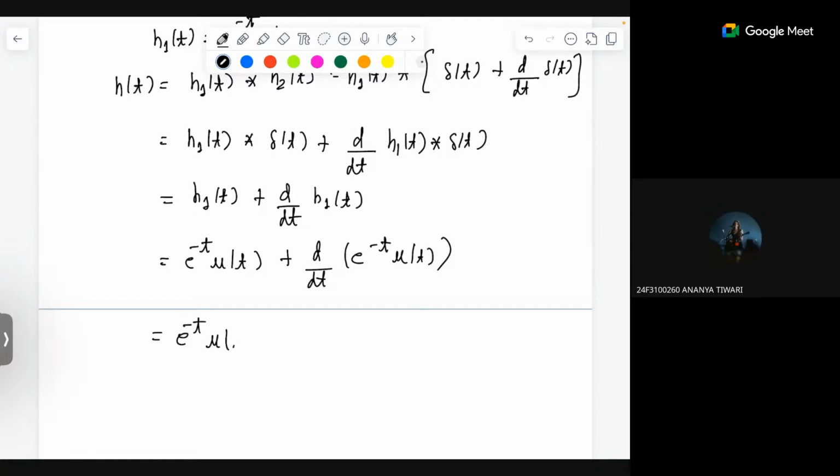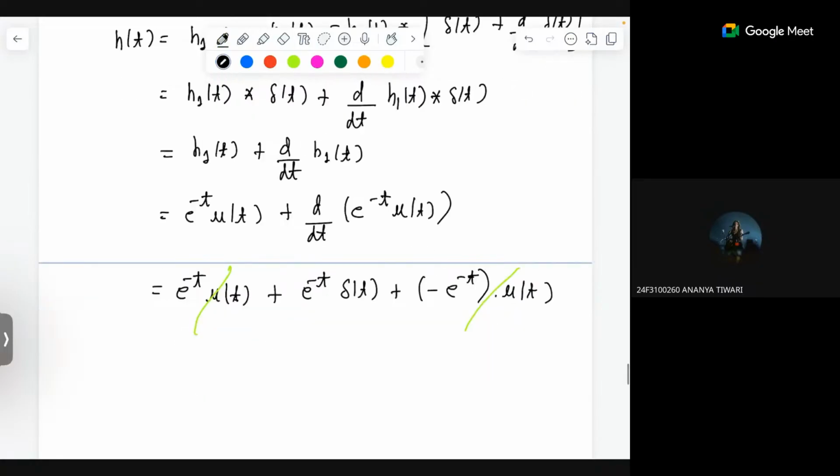Let us quickly simplify. Again, the product rule of differentiation will be applied. So I will first differentiate u(t). So I will get delta of t. Next I will differentiate e raised to the power of minus t. So minus e raised to the power of minus t u(t). So this and this will cancel because they're negative of each other.